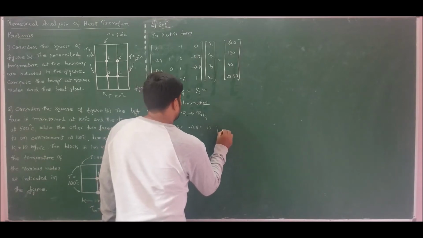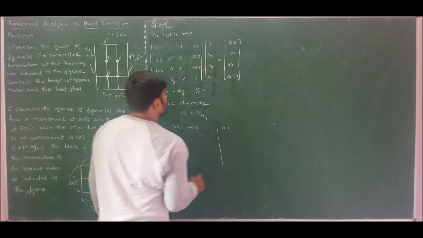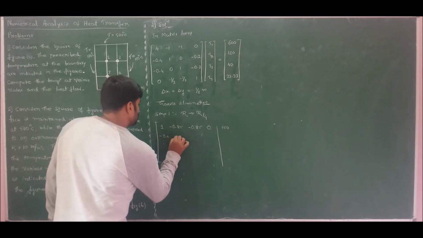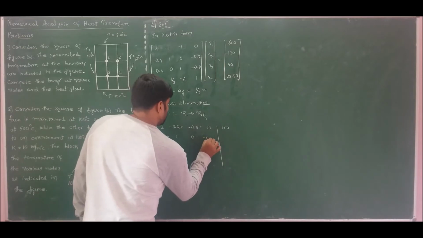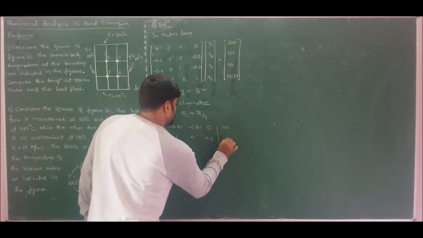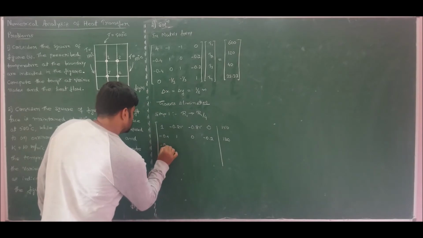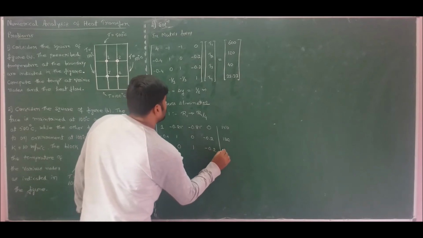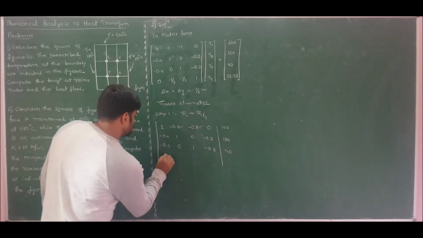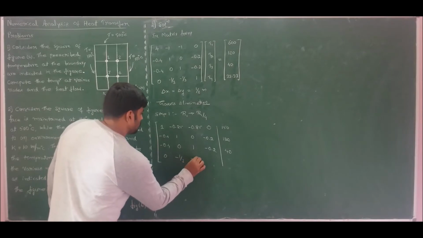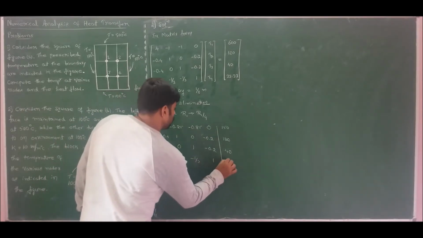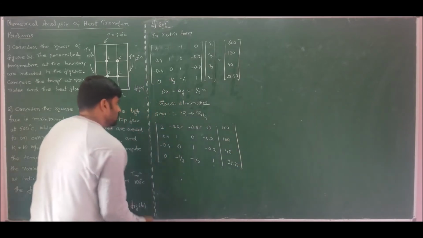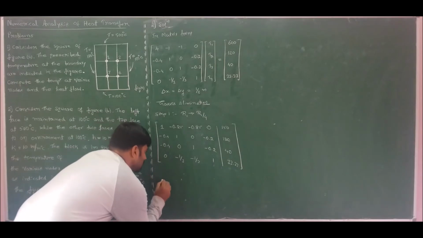So it is 600 by 4, which is 150. I'll write the remaining as it is: minus 0.4, 1, 0, minus 0.2, 120; minus 0.4, 0, 1, minus 0.2, 40; 0, minus 1 by 3, minus 1 by 3, 1, 33.33.